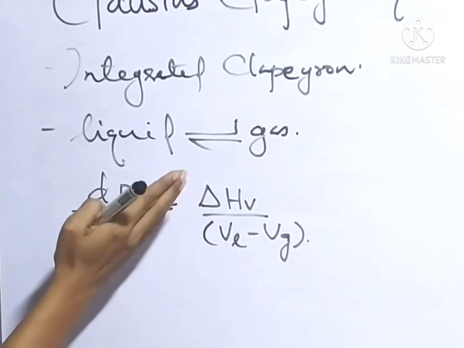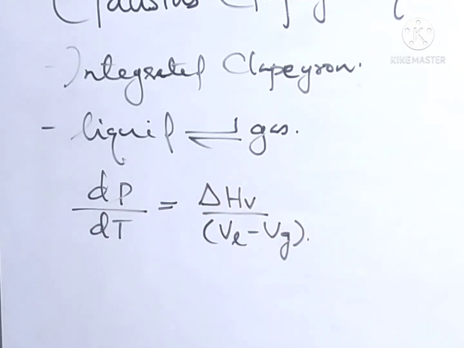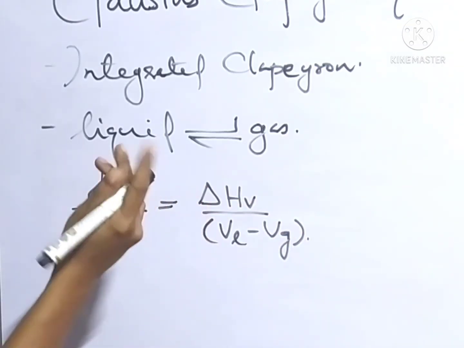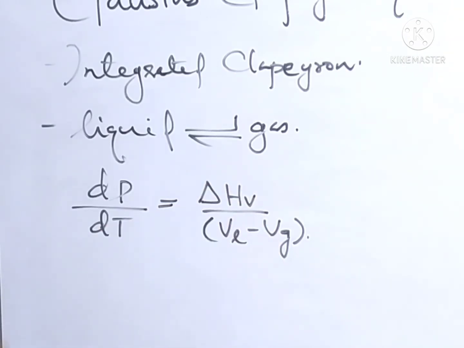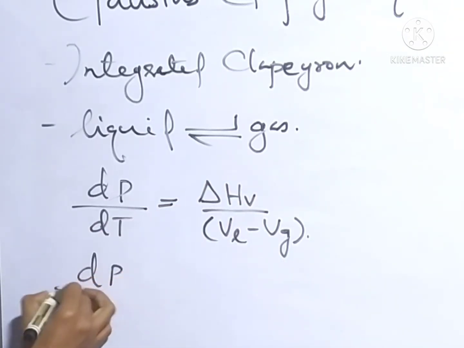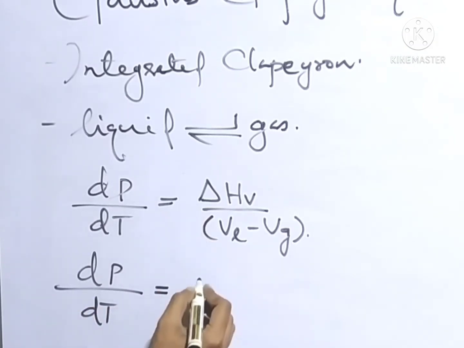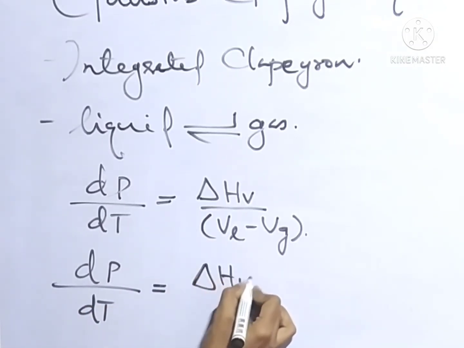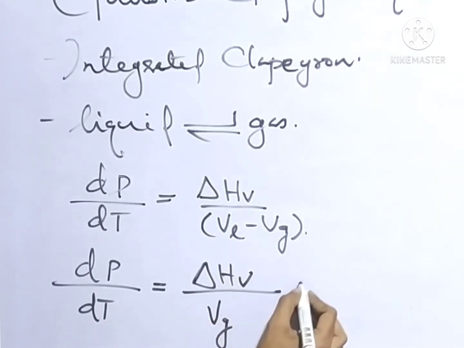Here the volume of liquid is very much lesser than the volume of gas, so we can neglect the volume of liquid compared with the volume of gas. So we can rewrite this equation as dP/dT = ΔHv / V gas.